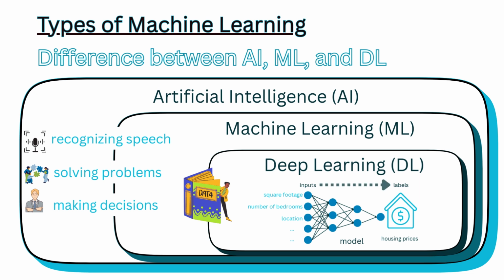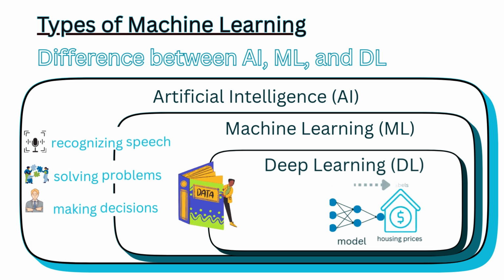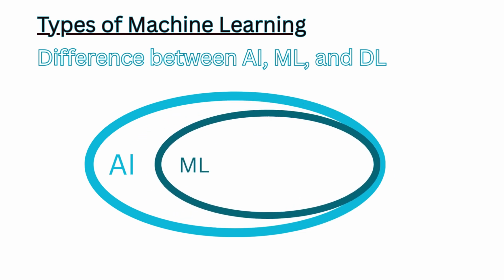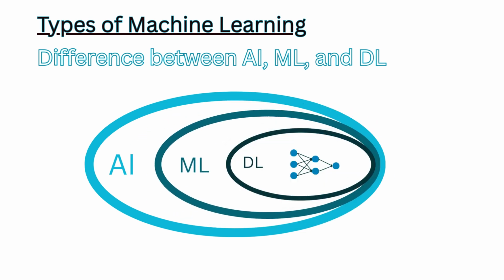It's especially useful for complex tasks like image recognition, natural language understanding, and time series prediction. Later in this playlist, we'll actually build a deep learning model called an LSTM, which is great for working with sequences and time-based data. So just to recap, AI is the big picture. Machine learning is a method within AI. Deep learning is a more advanced type of machine learning.